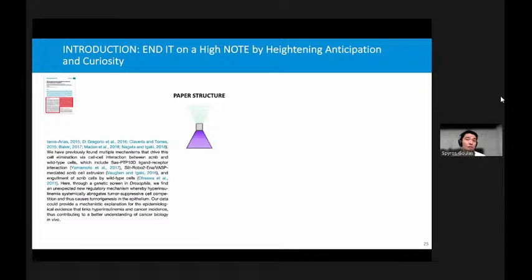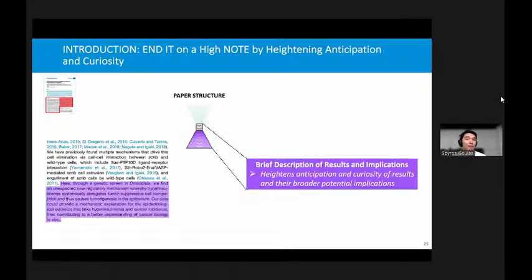Let's have a closer look at our case study. As you can see, what they provide is an overview of their results without going into too much details, and then discussing the potential broader implications of the study, especially in the field of cancer biology.